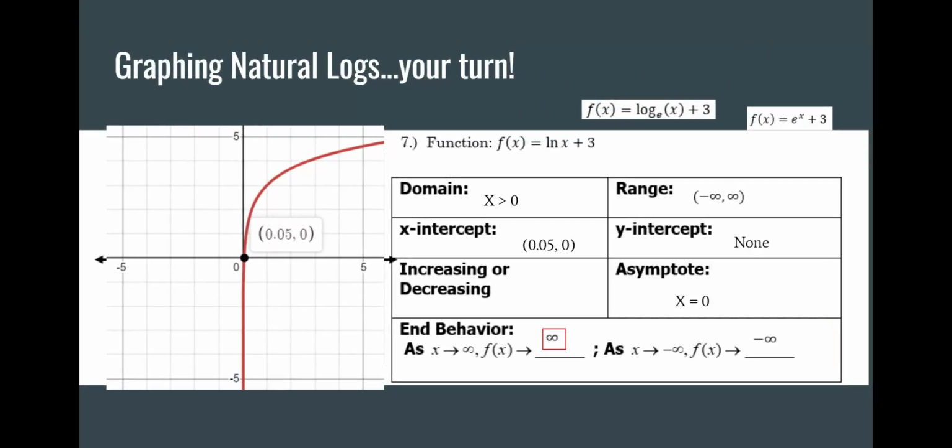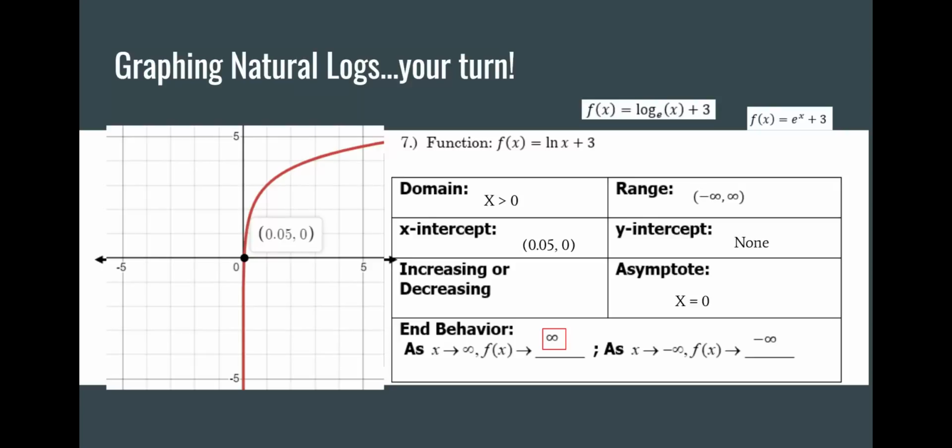All right, welcome back. So hopefully you guys gave this a shot. You're reviewing everything I have written down here, and it looks like it matches up. So we have the function f of x equals the natural log of x, plus 3. That plus 3 is by itself. It is not a part of x.